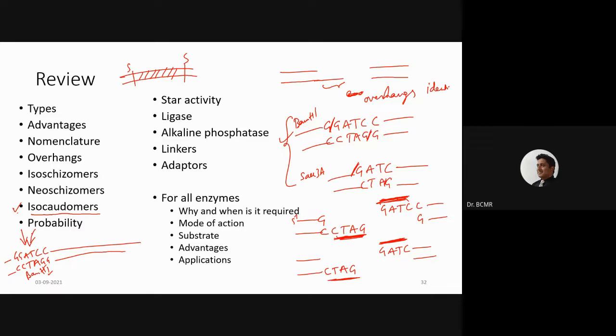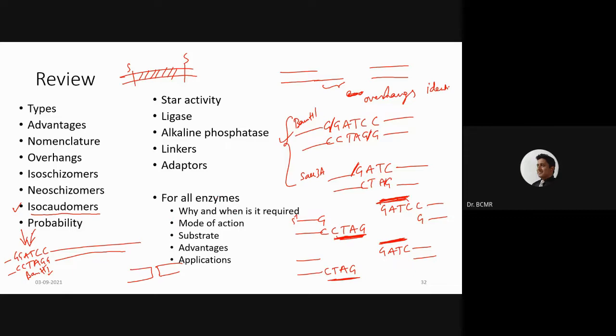For example, all the ones that give rise to flush ends, or blunt ends, can be called isocaudomers because they end up giving blunt ends, isn't it? So if I cut one DNA with a blunt end enzyme, the corresponding vector should also be cut with a blunt end restriction endonuclease, and that's how you can use it.